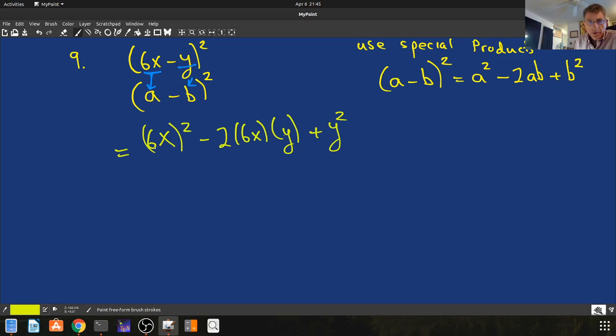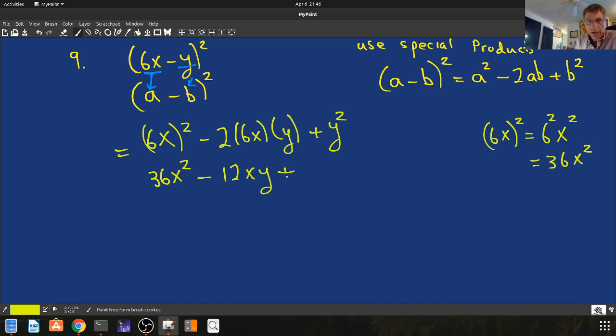So 6x squared, again it's that rule, 6x squared is equal to 6 squared times x squared, which is equal to 36x squared. Minus 2 times 6 times x times y is minus 12xy plus y squared.